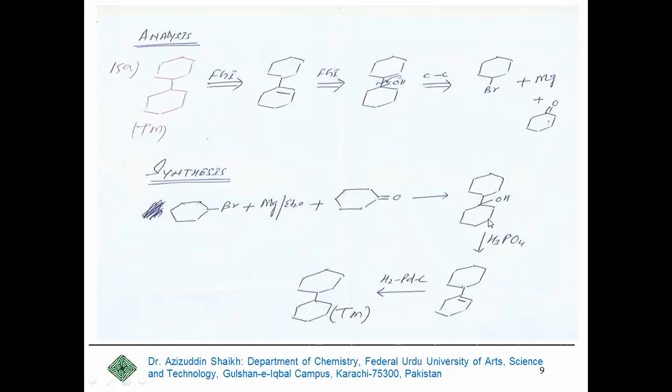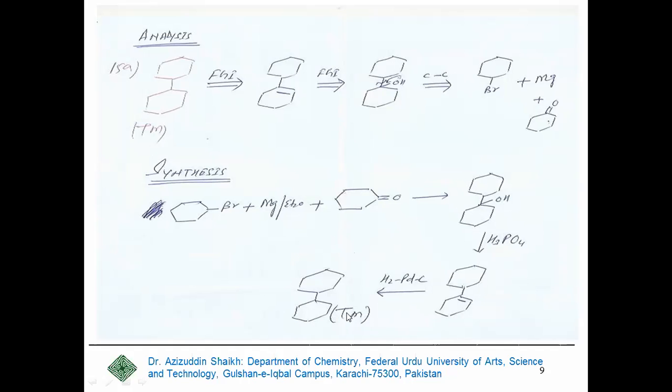The tertiary alcohol is readily dehydrated in presence of phosphoric acid, the double bond is obtained, and you can reduce the double bond into a single covalent bond by using hydrogen with palladium on carbon. It is converted into your target molecule.